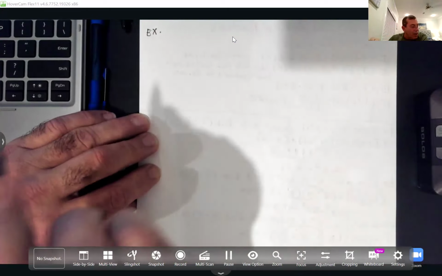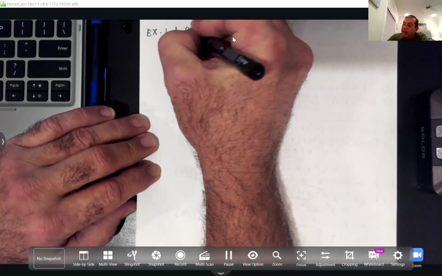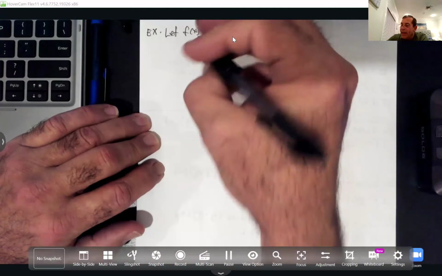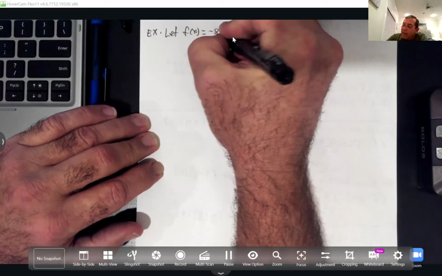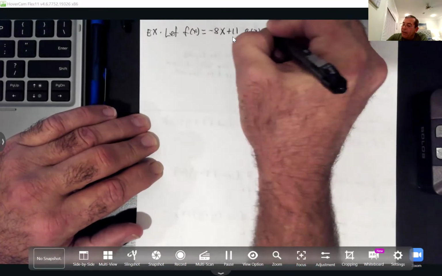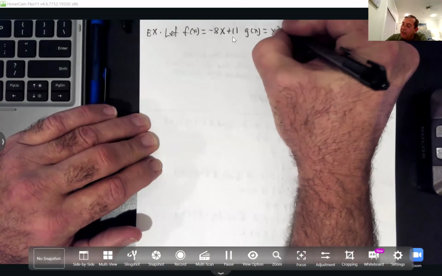All right, so it'll start out the same. They're going to let f of x equal a negative 8x plus 11. G of x is going to equal x squared plus 18.